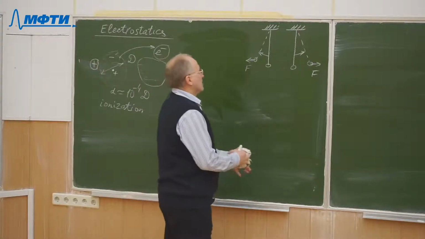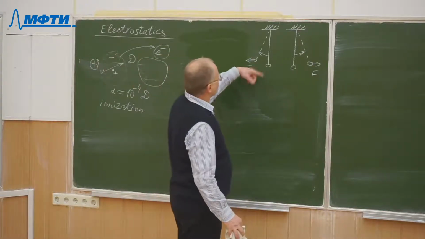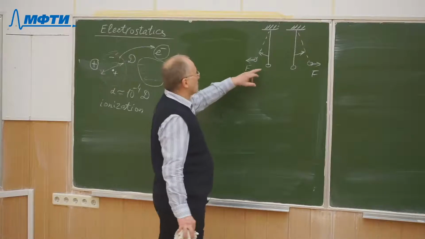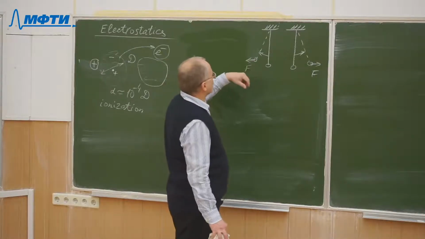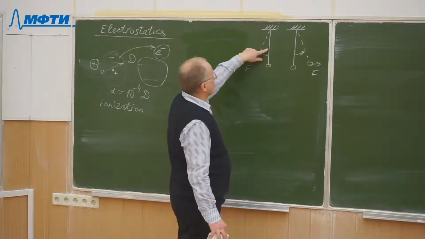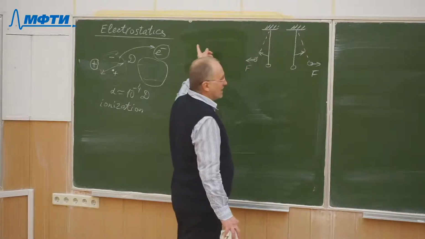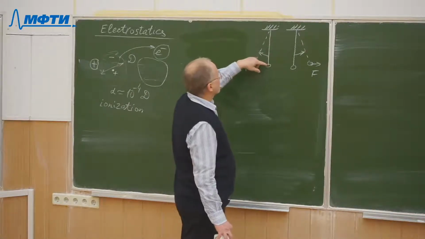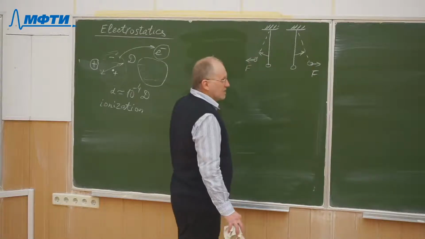So when we experiment with charged bodies, we notice that some substances do not allow the electricity to flow away, and some other substances easily conduct electricity.